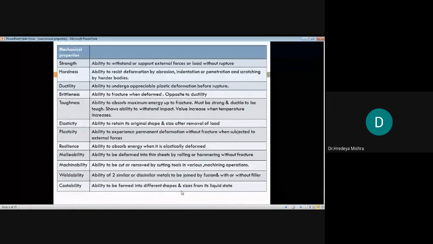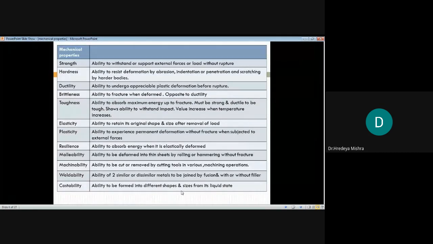A force or number of forces acting on a body which tend to shear the material is called the shearing force. And similarly, the force which is trying to twist the component is called the torsional force. Okay, so this is about the strength.